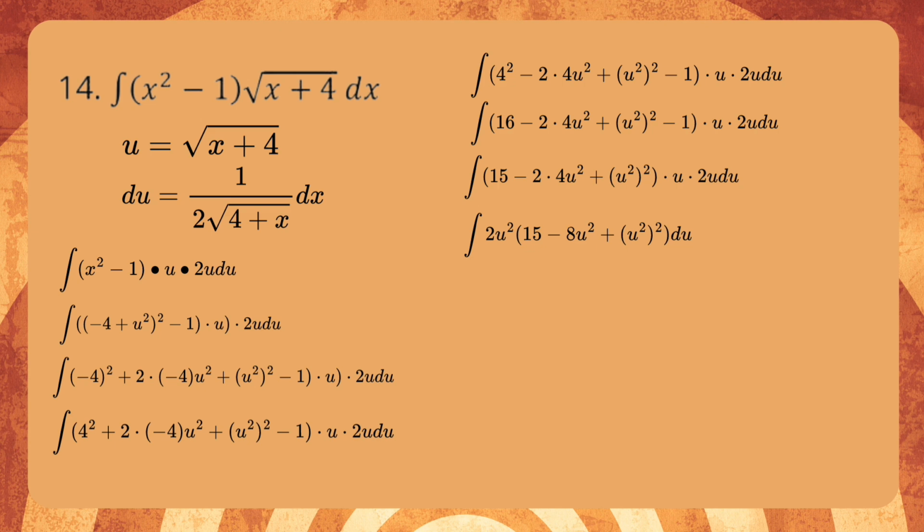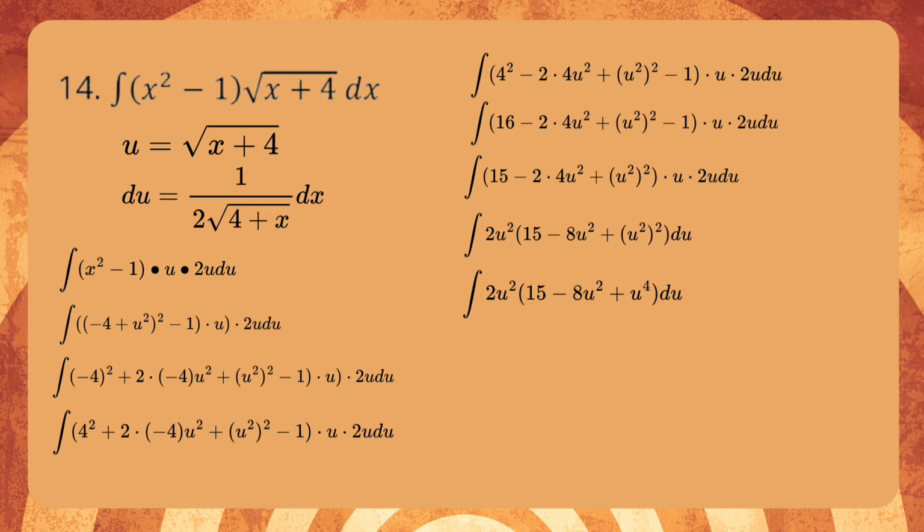Tapos si 2 times 4u squared, ita-times lang natin siya kaya magiging 8u squared. So ang kalalabasan is integrals of 2u squared and the quantity of 15 minus 8u squared plus u squared squared du.